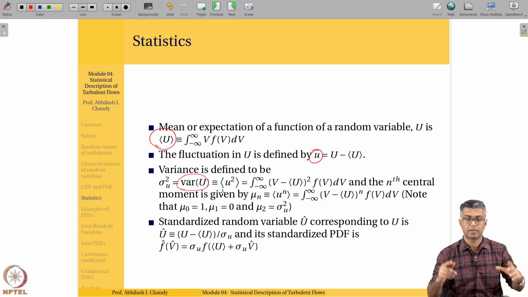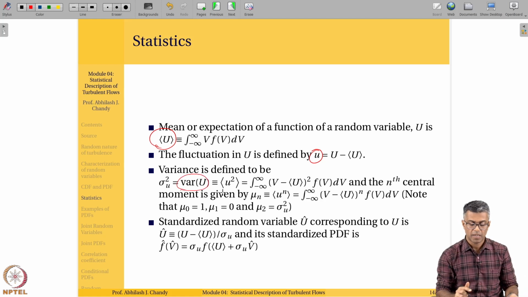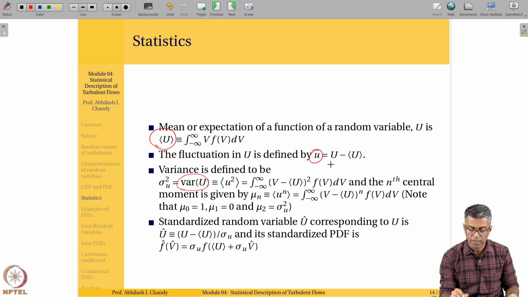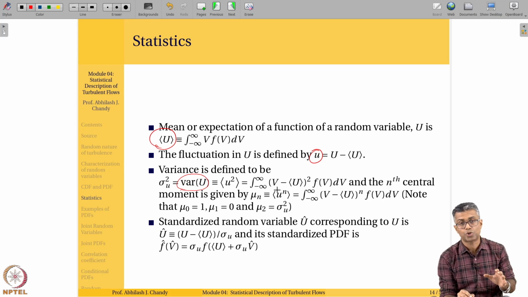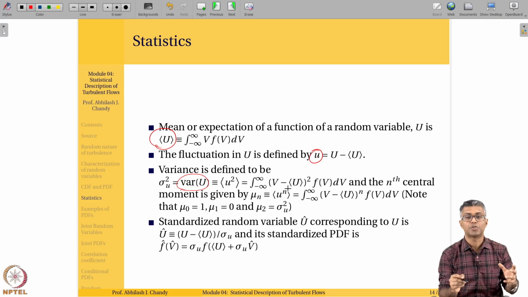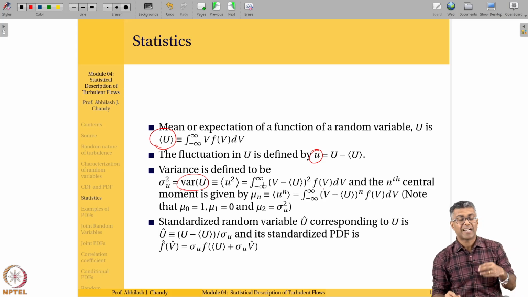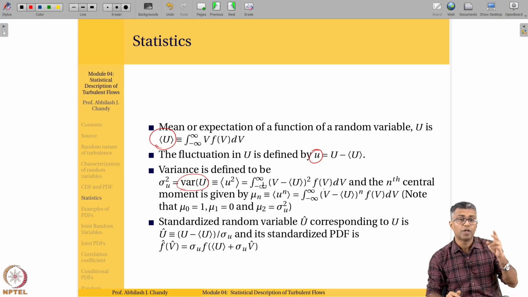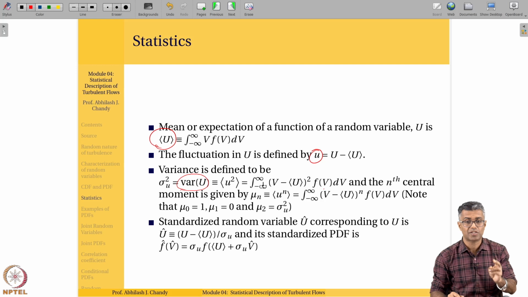The mean of u squared: if I take u, it is U minus the mean of U, isn't it? Small u is capital U minus the mean of U. So u squared, since you are taking it in the integral, has to be in terms of the sample space variable. So it is (V minus the mean of U) squared times f(V) dV, going from minus infinity to infinity. So that is your second central moment. Your variance is your second central moment.